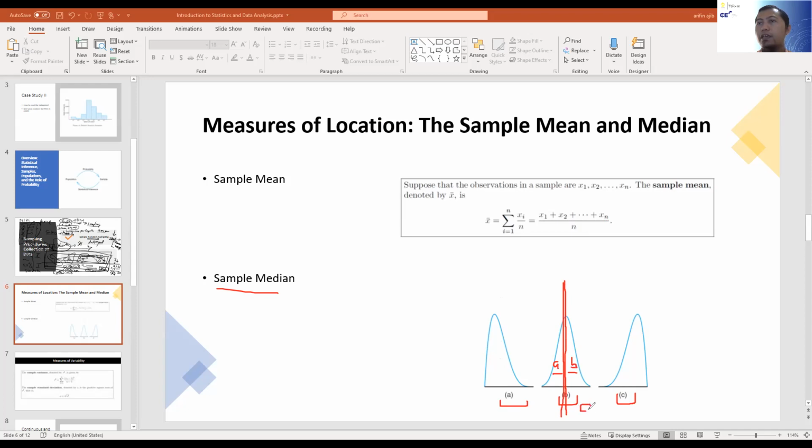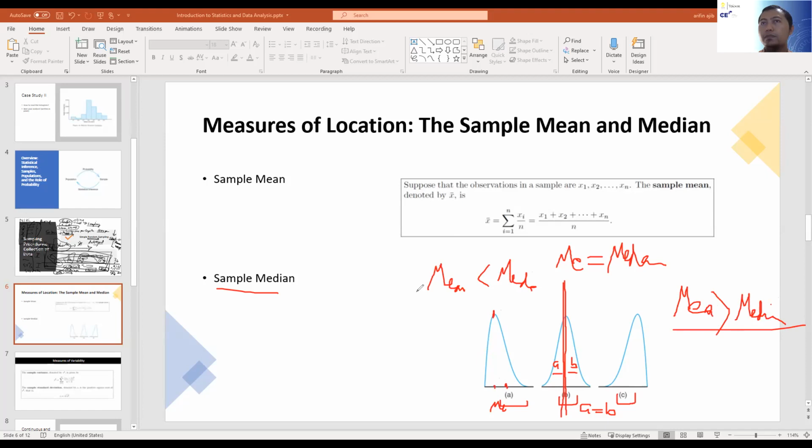And in this case, usually the mean is equal to the median. But in this case, the mean is here and the median is here. Usually the mean is less than the median. In this case, just opposite, the mean is greater than the median. Okay, that's all.